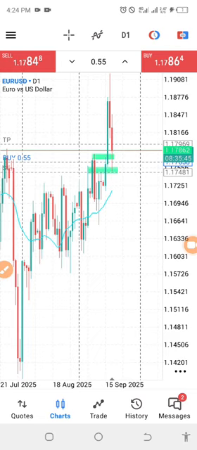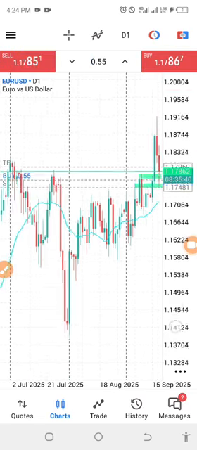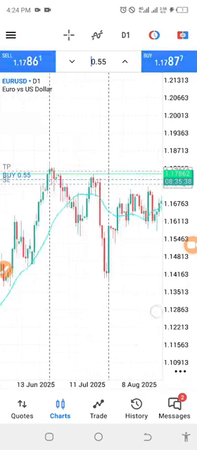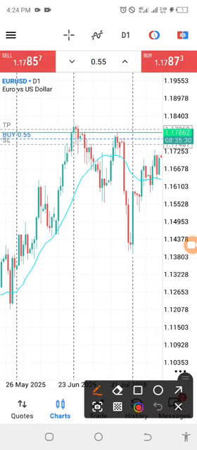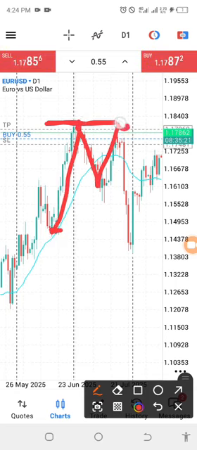If you go to D1, you can see D1 has more solid support and resistance zones. You understand? You can see that price will always try to repeat itself. For instance, look at this zone here. Price moved from here to this position, came down, came back to test that same zone. You see how it fell down again.